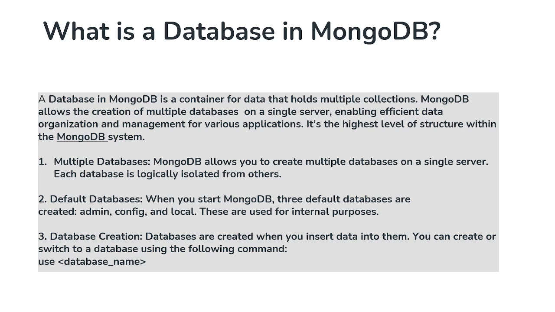There are three default databases available in MongoDB: admin, config, and local. These are used entirely for internal purposes. This is the syntax for creating a database: use database name, where use is the keyword. You can use the default databases, that is admin, config, local, or otherwise create your own database.